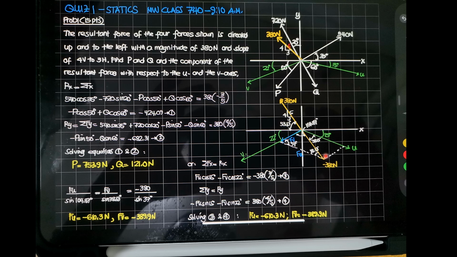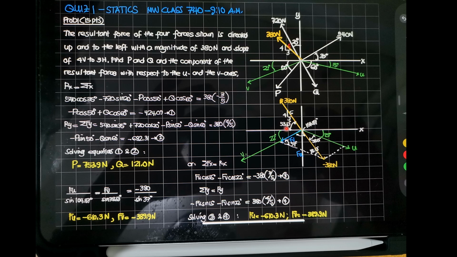Take note that this total angle is equal to 60 degrees, and the angle that the resultant makes with the horizontal x-axis is inverse tangent of 4/3.